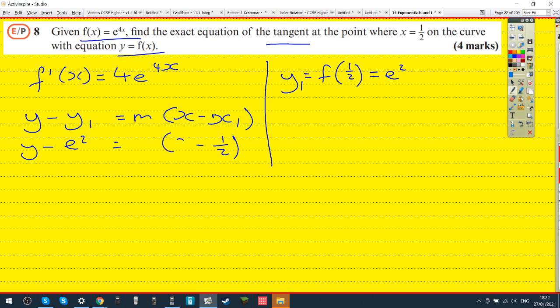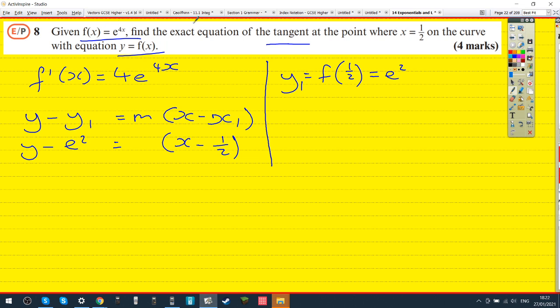And how do we get m? M is gradient, so is it x over y? GCSE, A level. How do you find the gradient of a curve at a point? I've forgotten. So if you want the y coordinate, sub x into f of x.